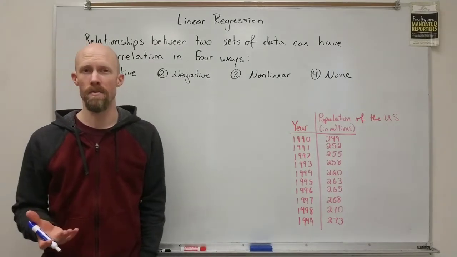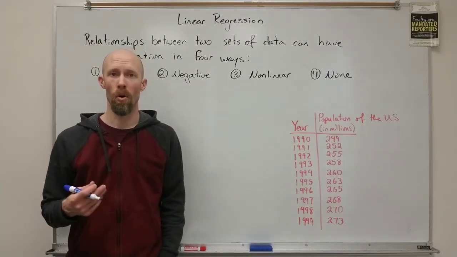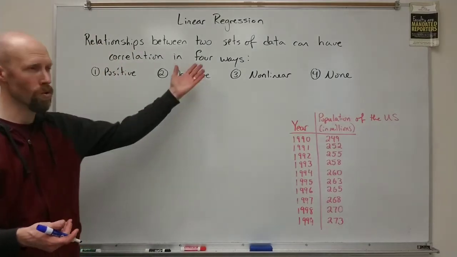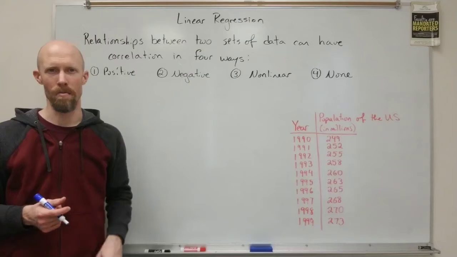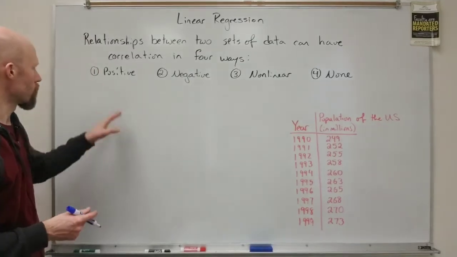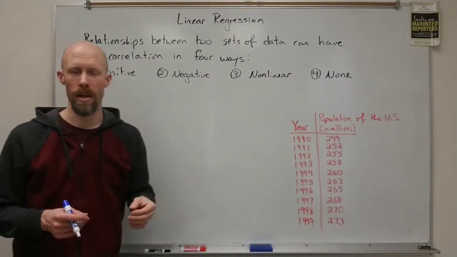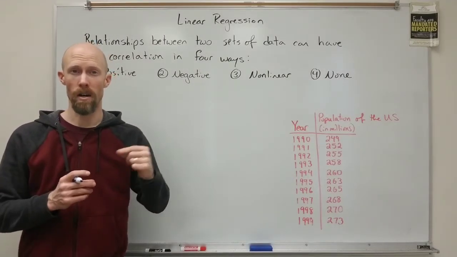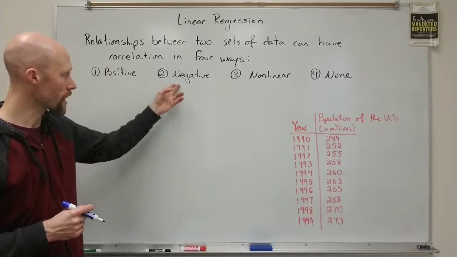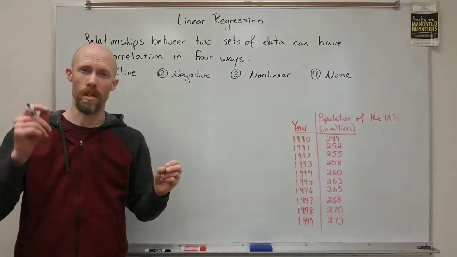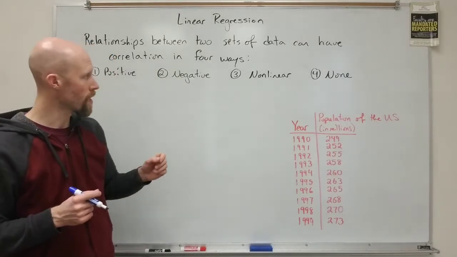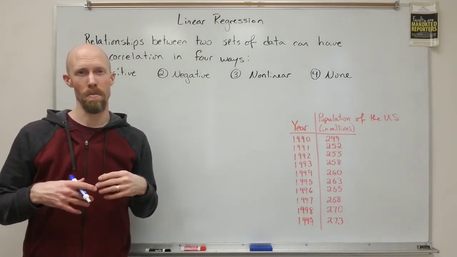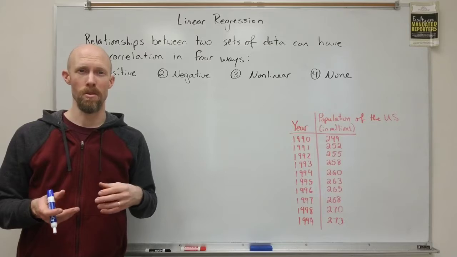Now, if you have two sets of data like that, they could correlate to each other in a series of different ways. In fact, I would say 4 different ways, and you could vary this a little bit as well. There's positive correlation. That means as one variable increases, the other increases at a steady rate. There's negative correlation, so as one increases, the other decreases at a steady rate. There's nonlinear correlation, which means there's maybe a pattern, but maybe there's some change to it.